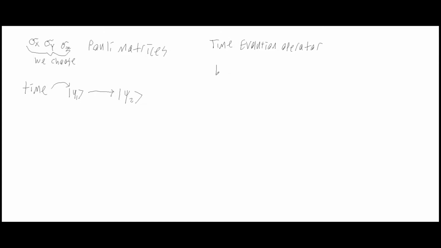So if we have a system, we'll call it A, and we'll say that it is at some time t naught. If some time passes, then we will say that it is now some operator, which I'm going to call U here suggestively, acting on the same ket, on the same state.